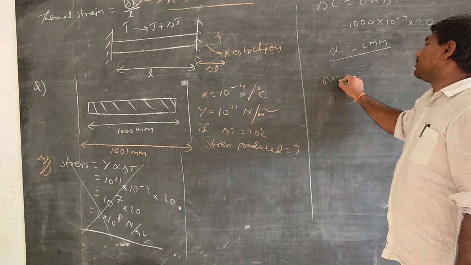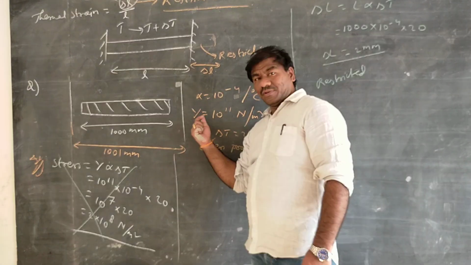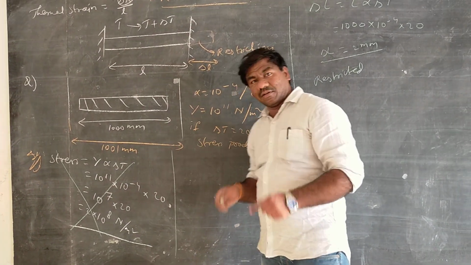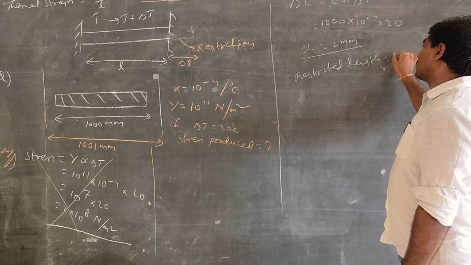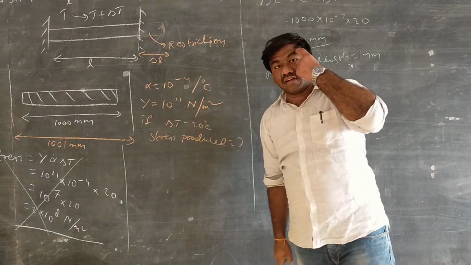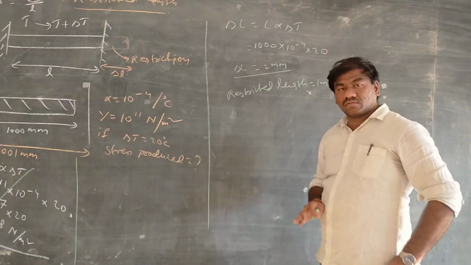So it can expand 2 millimeters, but you are allowed to expand only 1 millimeter, right? That means what is your residual length? Only 1 millimeter, because 1 millimeter only you are allowing to expand, and another 1 millimeter you are just restricting from expanding, right?